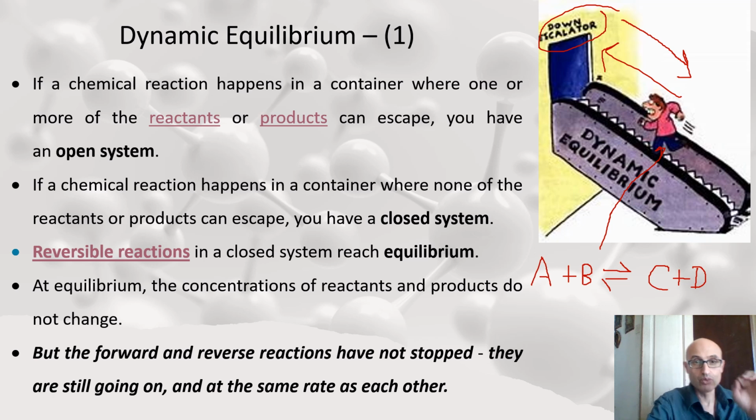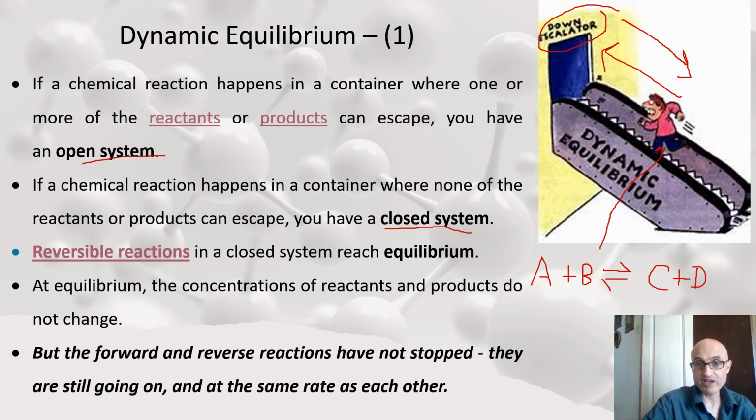Okay? So let's go through the points very briefly. If a chemical reaction happens and the container is a sealed container, we call it a closed system, as indicated over here. However, if some of the products or one of the products can escape, it is an open system. Now, reversible reactions can only take place in a closed system.